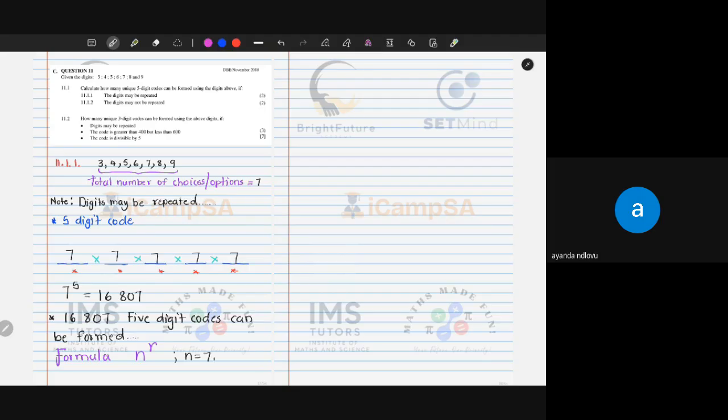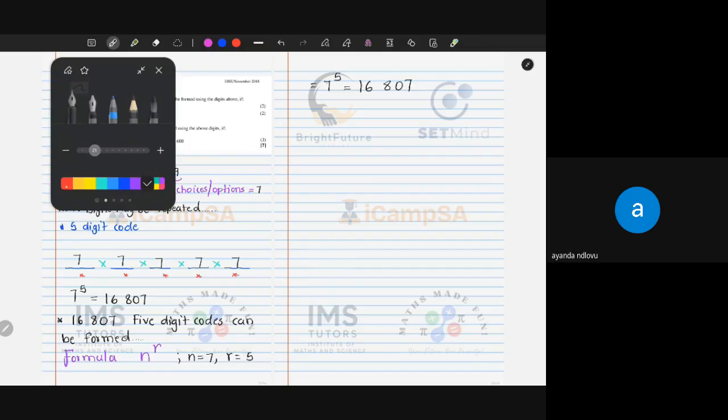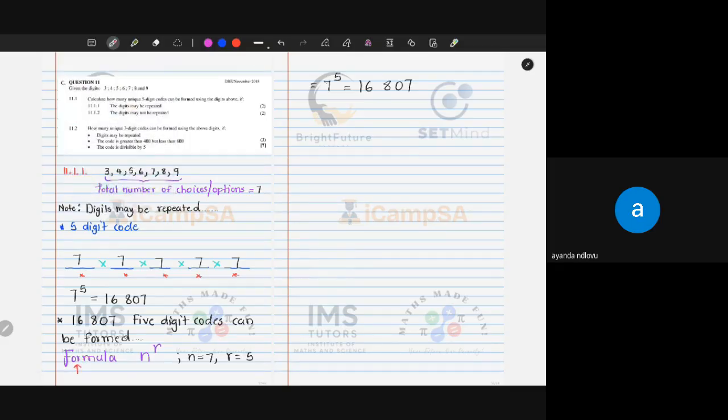And our r is equal to 5. So we could have used our formula to find our answer, which is 7 to the 5, which gives us the same thing, 16,807. So when they say repeated, very importantly, you refer to our formula. Remember, we use it for repeated. So you guys must make sure that you do understand those notes that we wrote.